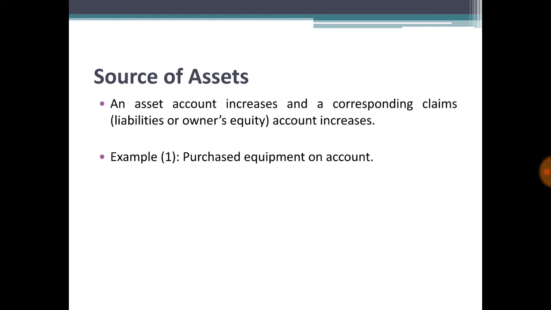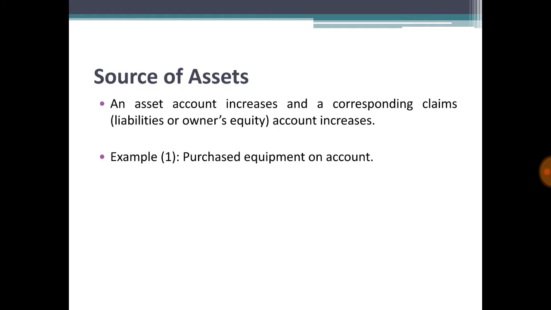If you're going to take a look at the example, first, let us identify the accounts that are affected by this transaction. First, we have purchased equipment. Meaning, the business acquired equipment for business use. So one account involved is the equipment. The second is that when the company purchased this equipment, it was made on account.